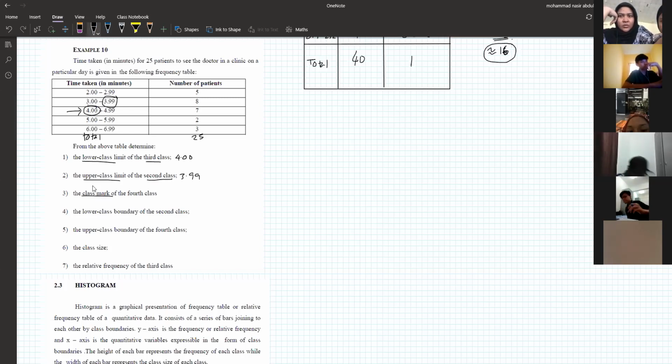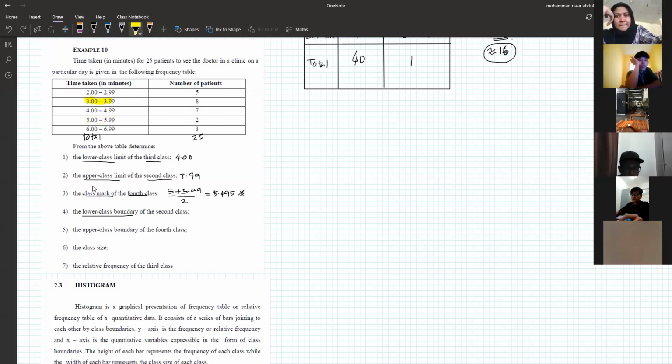And the class mark of the fourth class, this is the fourth class, right? To calculate class mark, 5 plus 5.99 divided by 2. So it becomes 5.495. And lower class boundary of the second class. This is the second class.